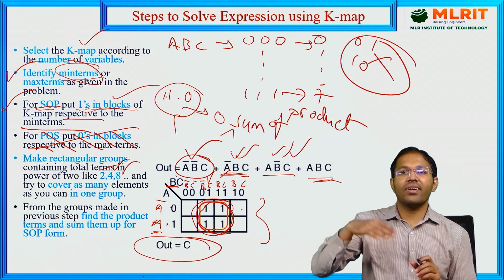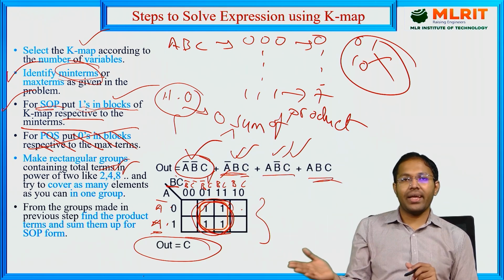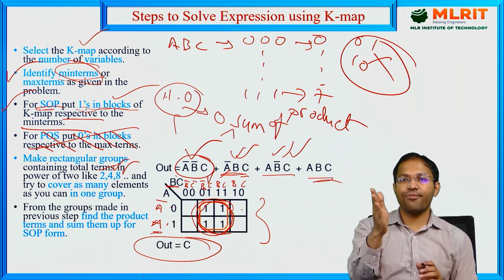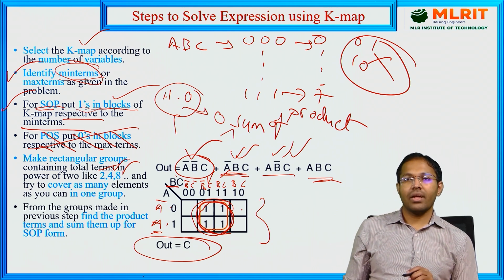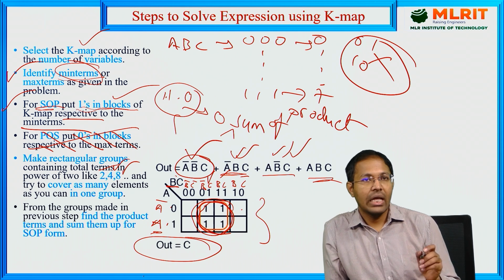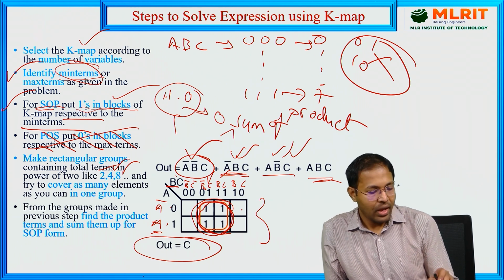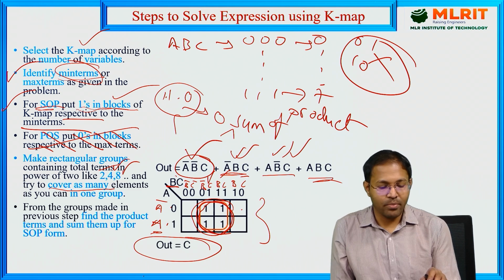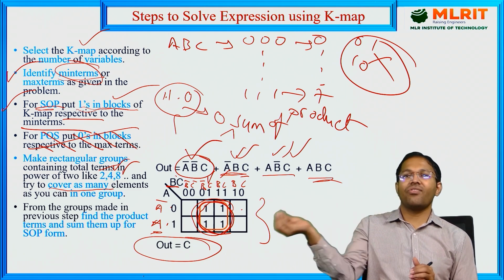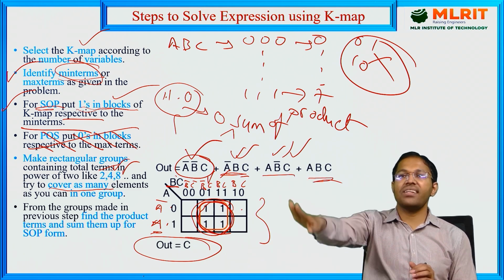We'll give first preference for higher grouping. 8 not possible, we'll go for 4. If that is also not possible, we'll go for 2, and that's how we will try to simplify. When we are grouping, we'll try to cover as many as possible. You will give first preference for 8 if it is possible.